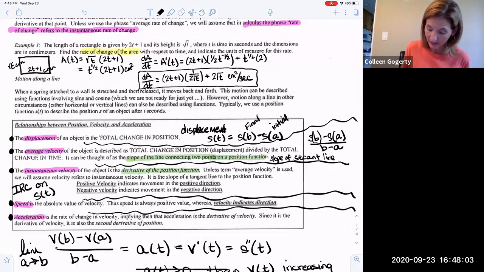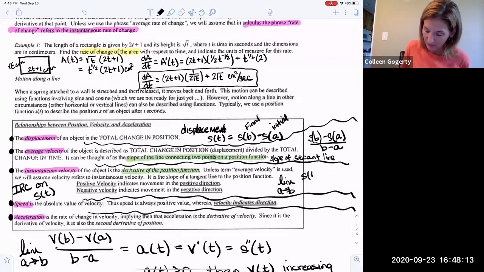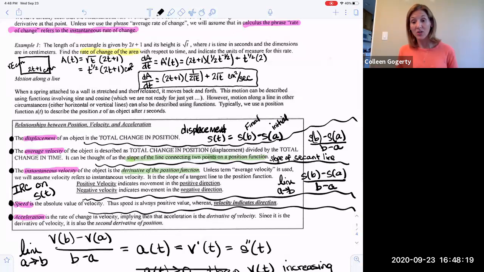Or if you want to look at it as a progression, it's the limit as A approaches B, or as B approaches A, whichever way you want to get into this, of S of B minus S of A all over B minus A. So these two values are getting so close together, we're looking at a limit, we're now talking derivative.